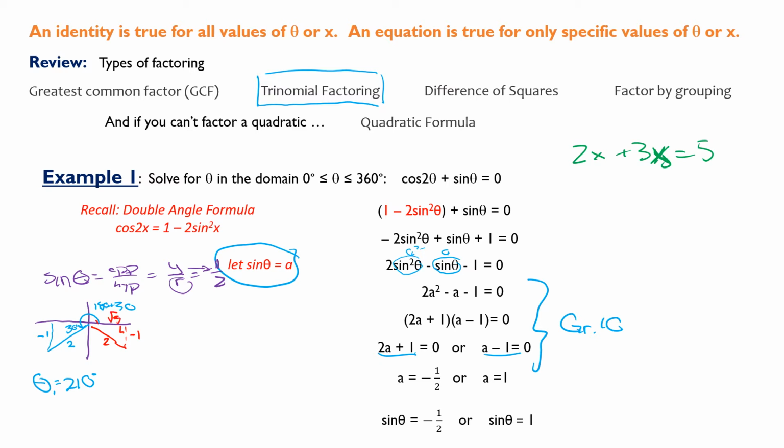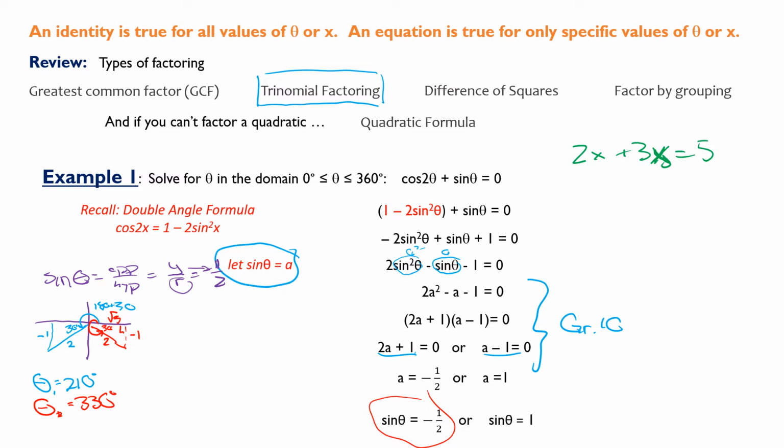So what's the red rotation to the terminal arm there? How many degrees is that? If the related acute angle is 30 degrees, then the whole rotation is going to be 360 minus 30. Theta 2 will be 330 degrees. But we're not done. That just takes care of this piece. I still have another section over here.